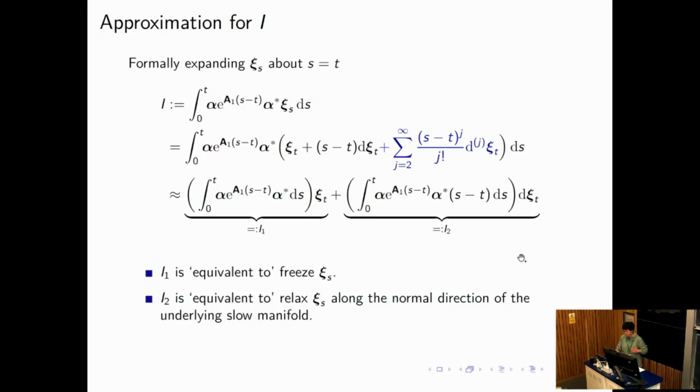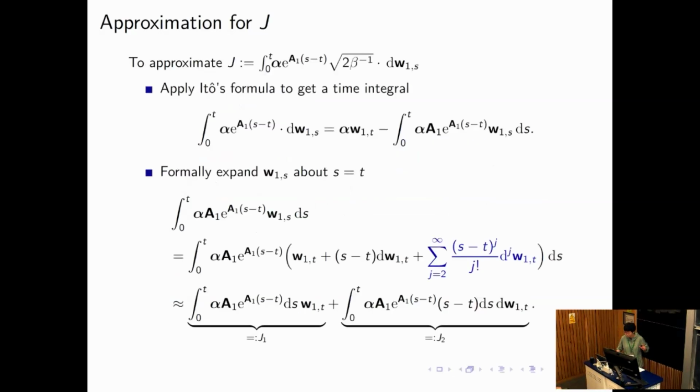And of course, you can keep more terms, but you notice that if you have higher derivatives of a stochastic process, then there is a lot of ambiguity if you want to seriously study the error effects. So at this moment, we only keep these two terms. And then similarly, we can approximate the J term, which is an Ito stochastic integral.